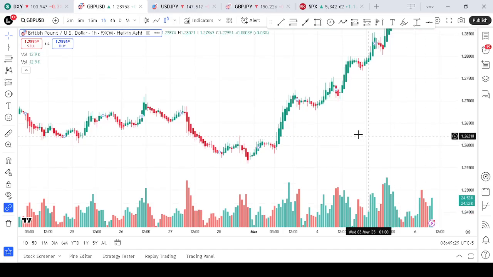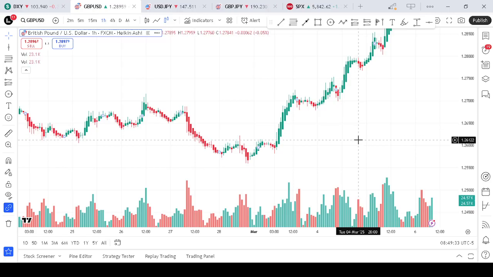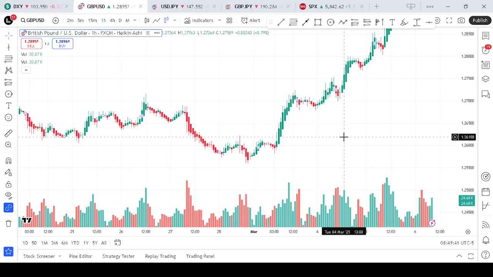This makes them particularly useful for traders who want to make quick decisions such as scalpers. The key difference between the Heiken Ashi and standard candlestick charts lies in how the candlesticks are calculated.